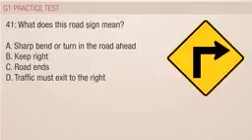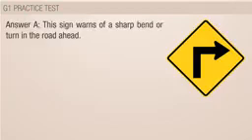Question 41. What does this road sign mean? A. Sharp bend or turn in the road ahead. B. Keep right. C. Road ends. D. Traffic must exit to the right. Answer A. The sign warns of a sharp bend or turn in the road ahead.